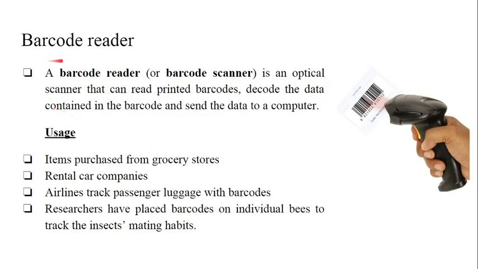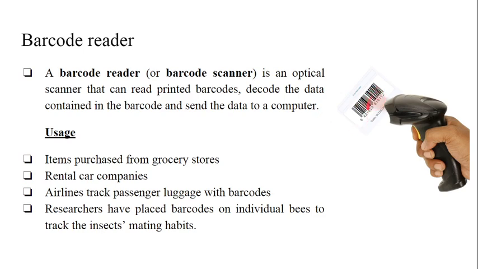Next is barcode reader. Barcodes are the black lines. To read the data encoded in these barcodes, we use a barcode reader. So barcode reader is an optical scanner that can read printed barcodes, decode the data contained in the barcode and send this data to the computer.